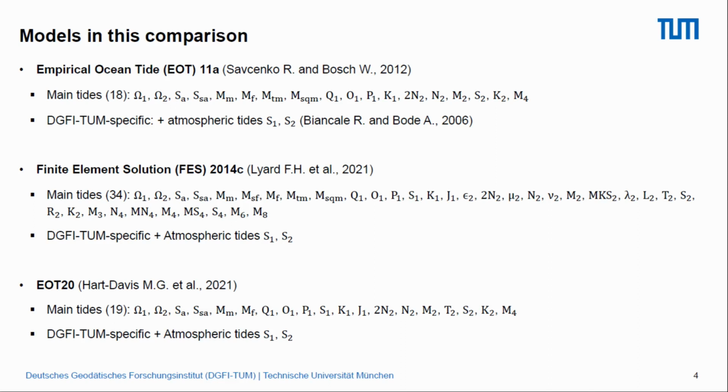They have different numbers of main tides: 18, 34, and 19. And if two models have 18 and 19, it does not mean that the 18 are taken with an addition of one more, but there are different compositions of main tides. At DGFI, we are using additional atmospheric tides, S1 and S2, which are then added to the S1 and S2 contained in the ocean model.